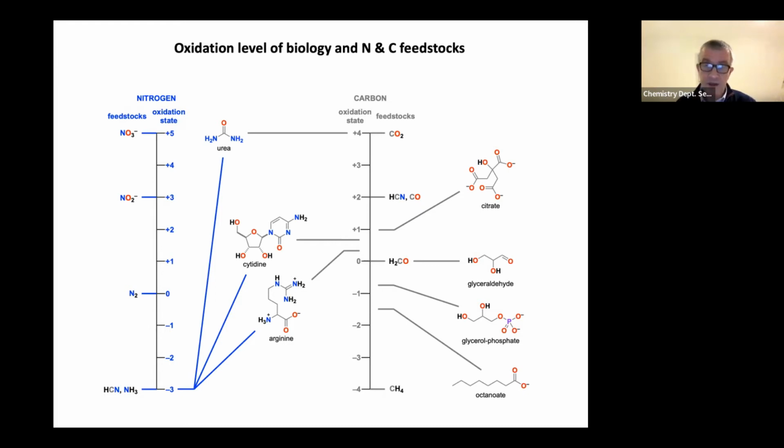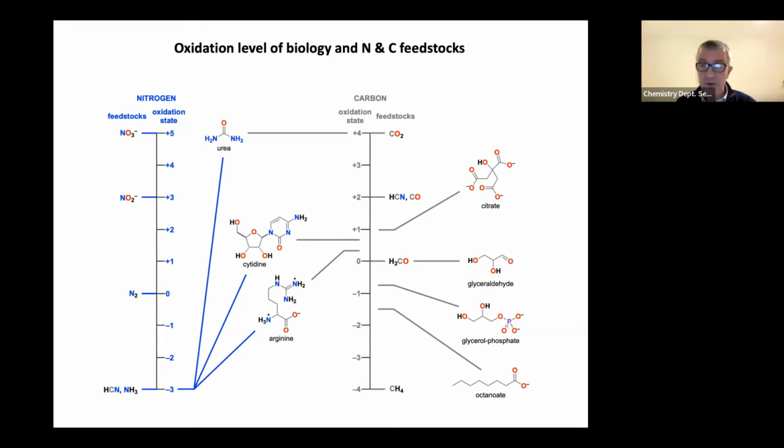So the task faced by the synthetic chemist, whilst trying to understand how these molecules might have come into existence, is to think of ways in which carbon-carbon bonds could be formed easily, as well as carbon-heteroatom bonds, and to try and get things such that we end up at approximately the right redox state for biology to start.